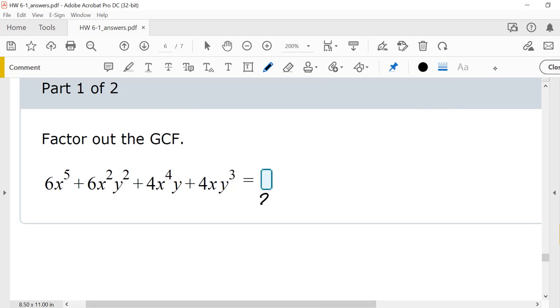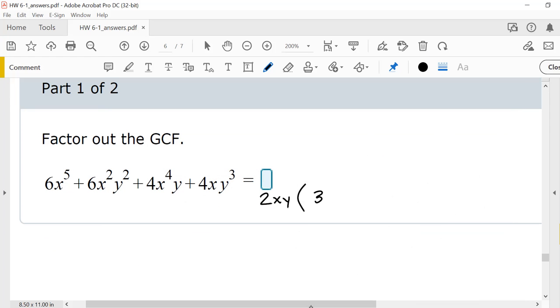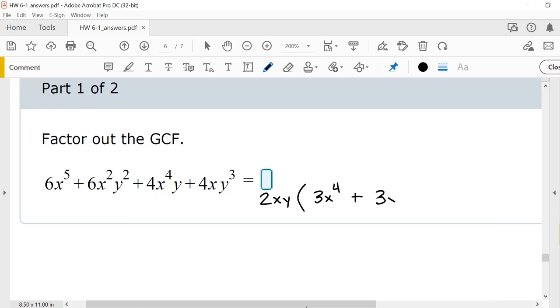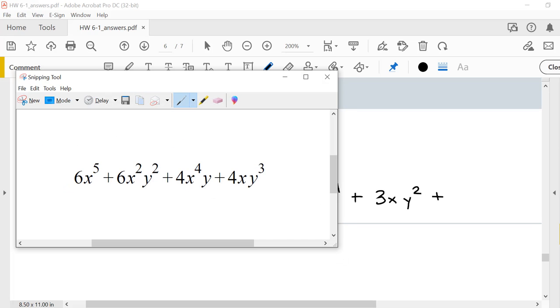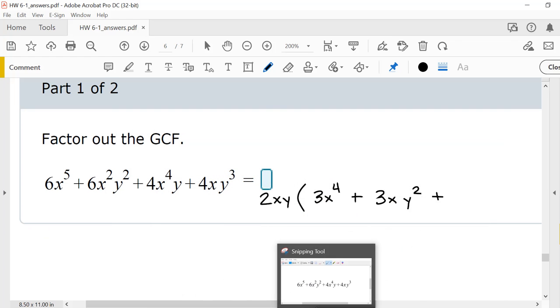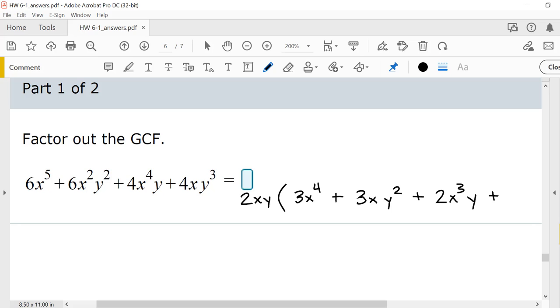Hold on. 2xy times 3x to the 4th plus 3xy squared plus 2x cubed y plus, one more term, 2y cubed.